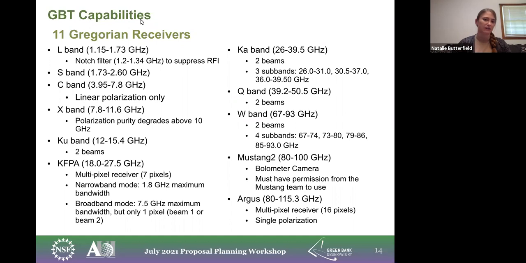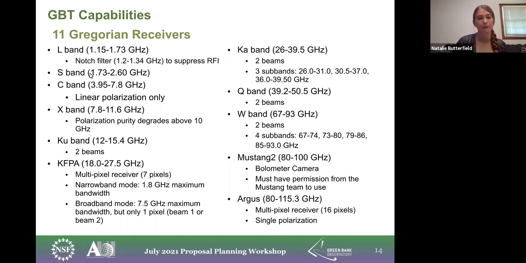Usually L-band is always on the telescope unless there's some unknown issue that we run into. But for the most part, all of the low frequency Gregorian receivers are on the telescope 24/7.